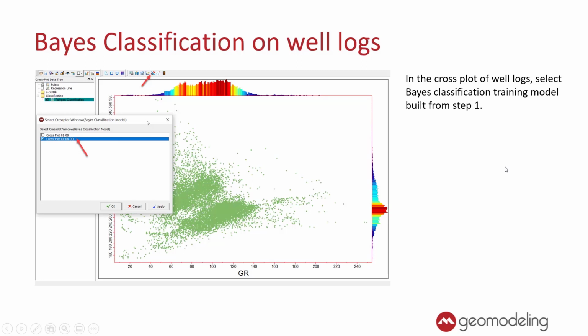In the crossplot of the well logs, you can select Bayes classification training model built from step 1. In the crossplot window on the top, there is an icon showing Bayes classification. You can click that. And then in this dialog, you can select the crossplot you generated from step 1.